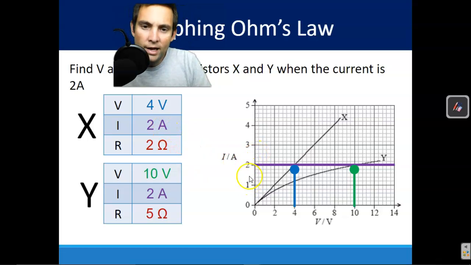When current is 2 amps, we go to the 2 amp current and come over here, and we see that X crosses 2 amps when the potential difference is 4 volts, and Y crosses 2 amps when the potential difference is 10 volts. So we have 4 volts, 10 volts. Current is 2 amps for each of them, and then we would just use V equals IR for each resistor.